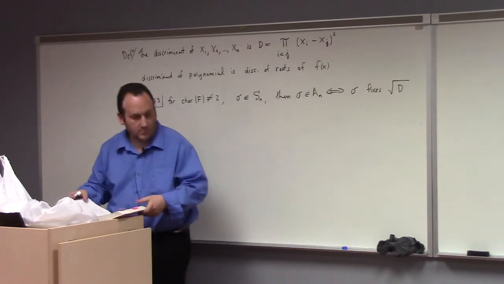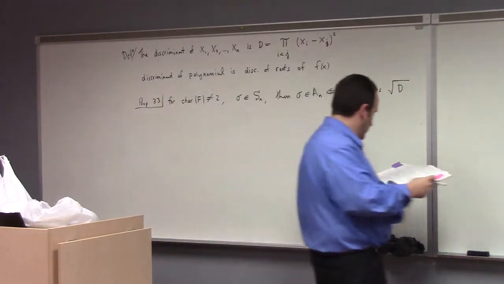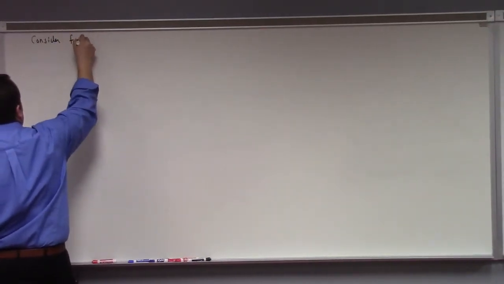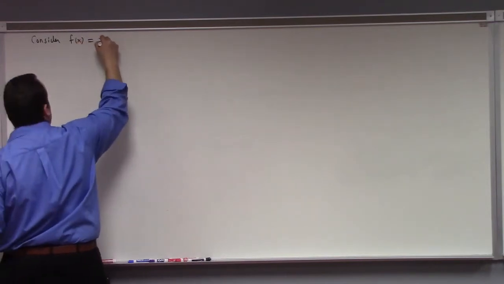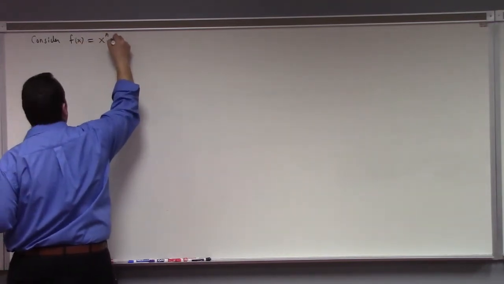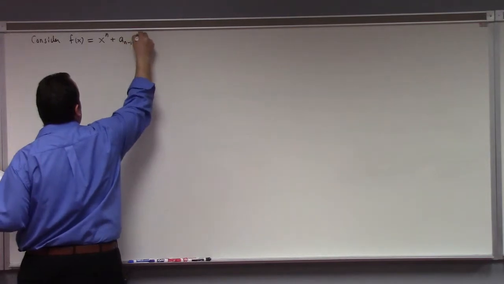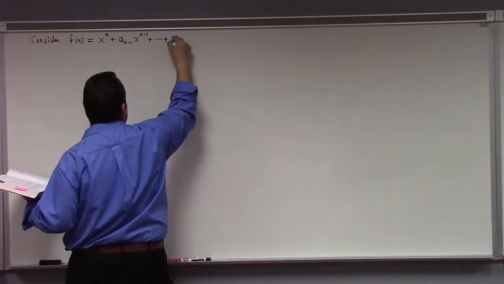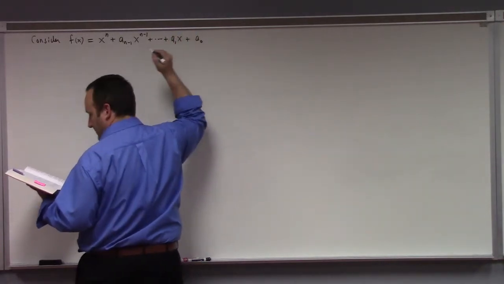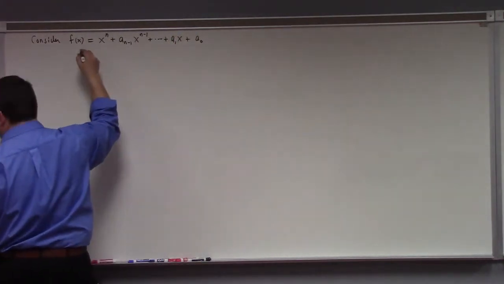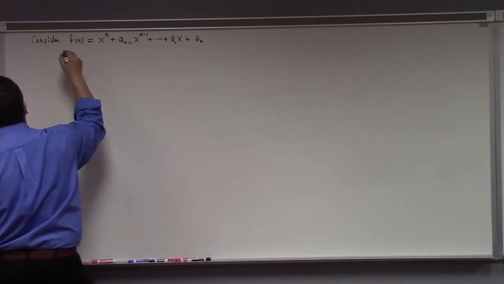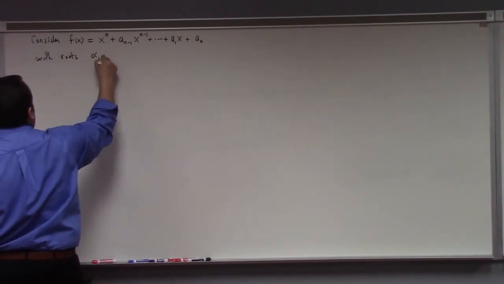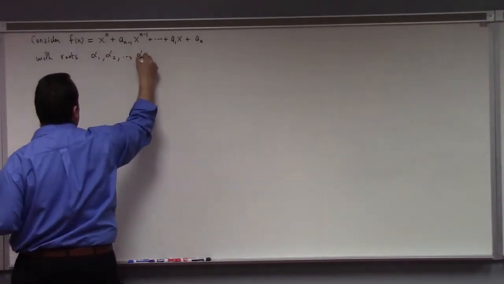All right, so let me go on here. So let's consider f of x equal to x to the n plus a n minus 1 x to the n minus 1, all the way down to a1 x plus a naught, with roots alpha 1, alpha 2, ..., alpha n.